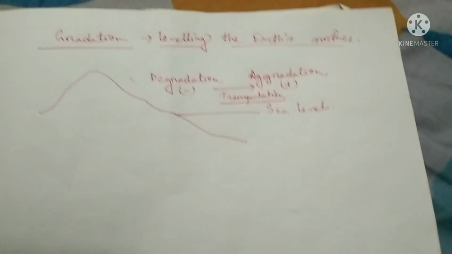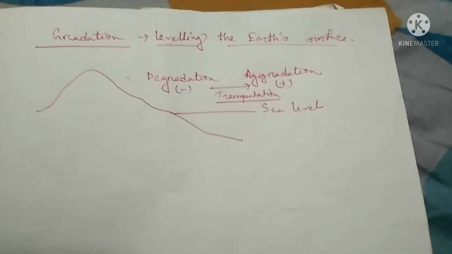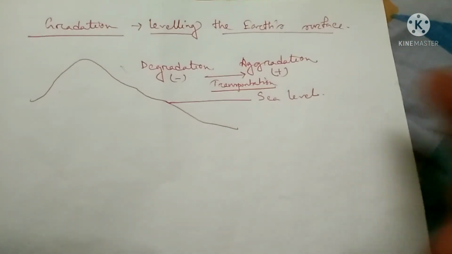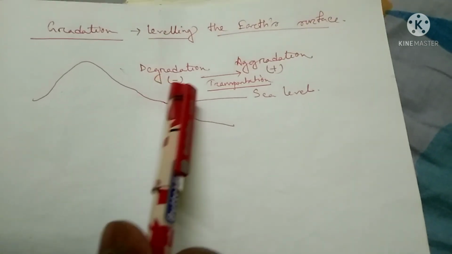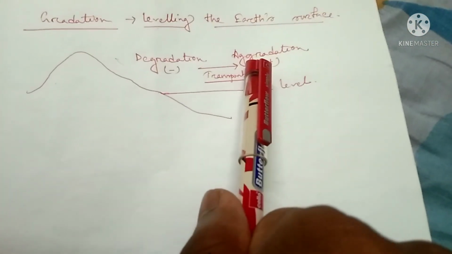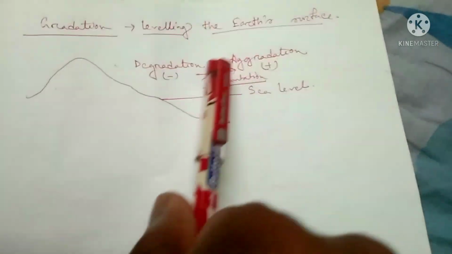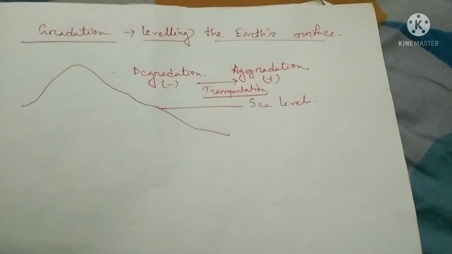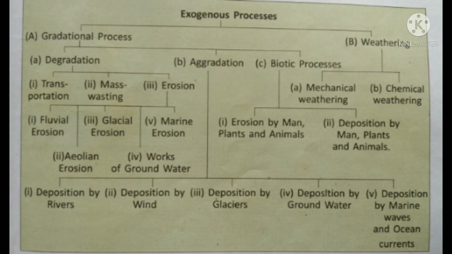So gradation, you should remember, is the continuous process of leveling of land through three important processes: one is degradation, another is aggradation, and another is transportation.